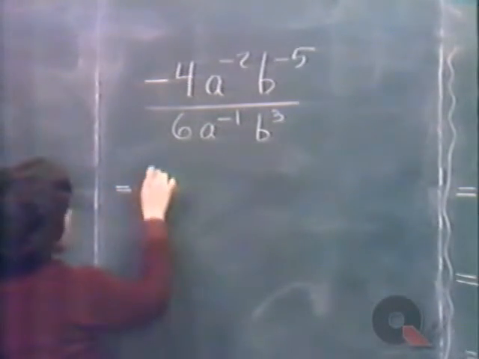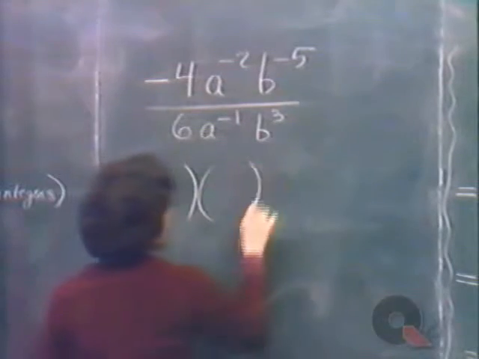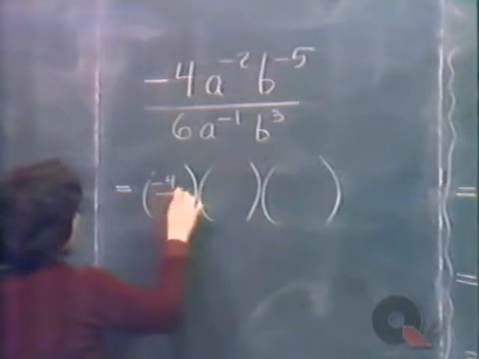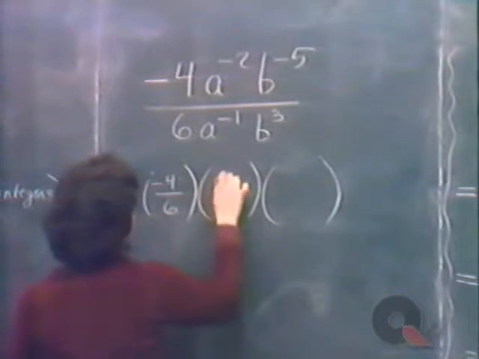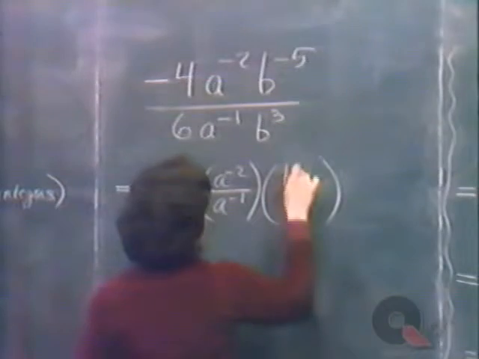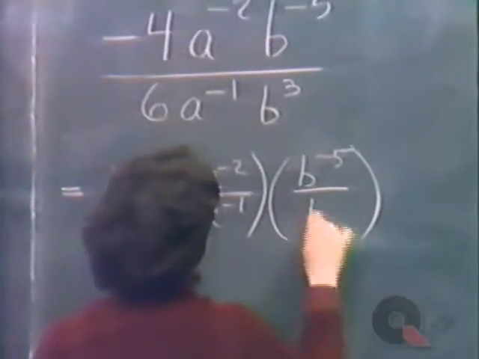Okay. First, I'll rewrite it as minus 4/6 times a to the minus 2 over a to the minus 1 times b to the minus 5 over b cubed.